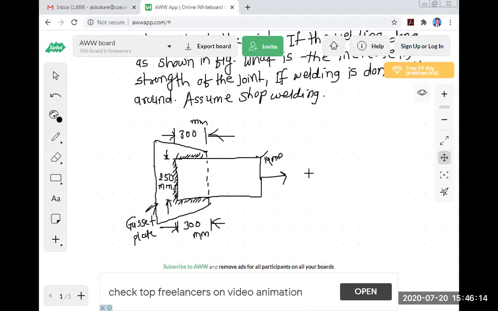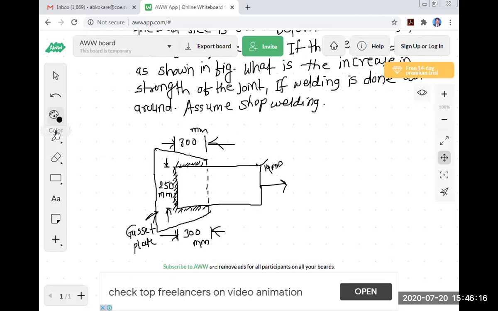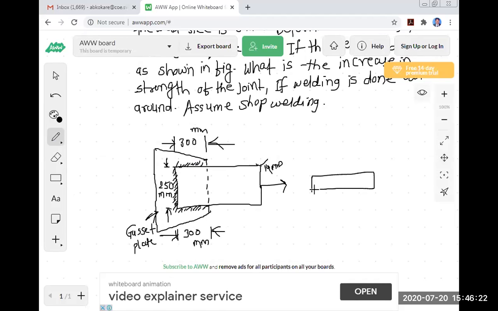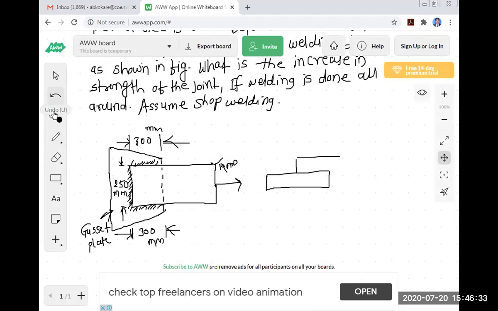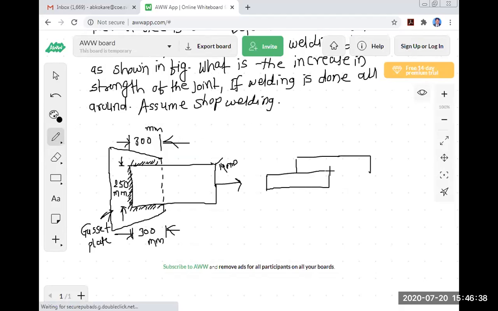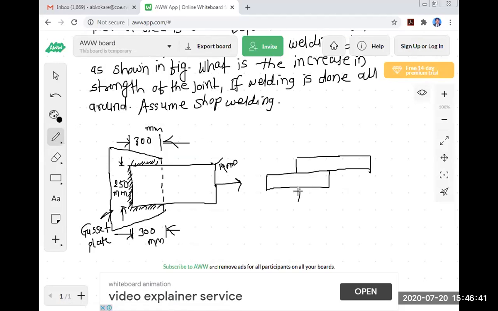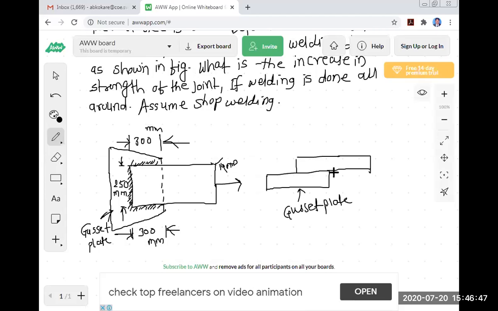So I will draw these two plates again. This is your gusset plate, and this is your girder. They have welded here in this area by fillet weld.